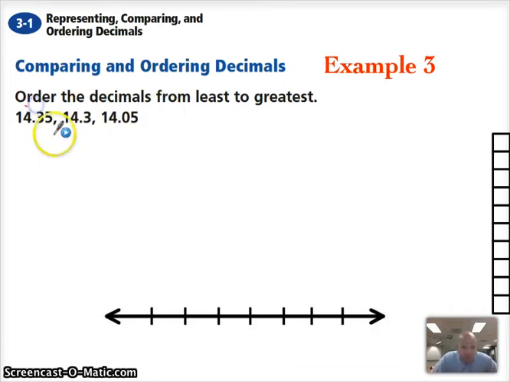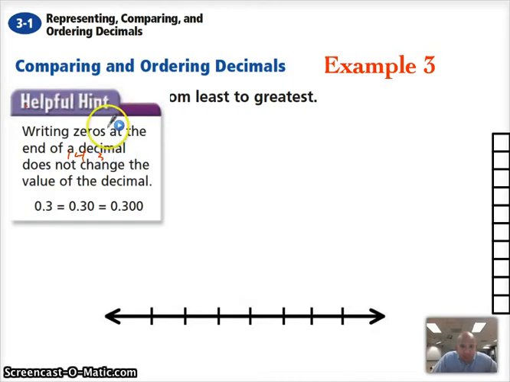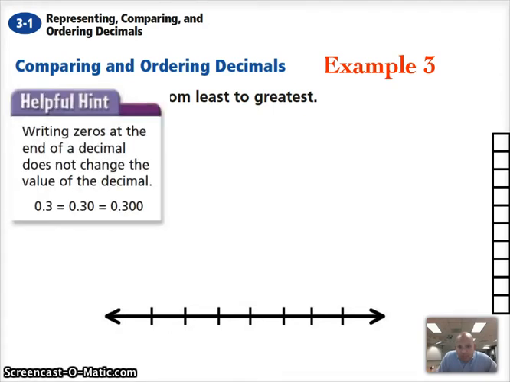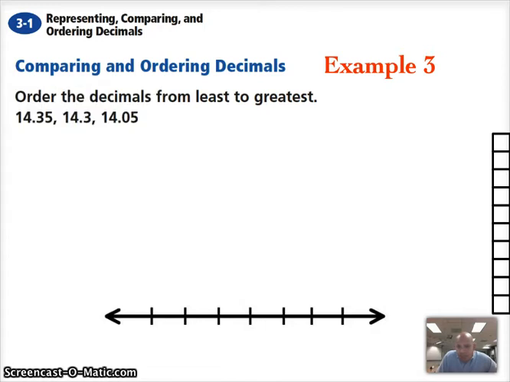So the first thing I'm going to do is I'm going to go ahead and place them in kind of a vertical order. Let me go ahead and correct that. Actually, let me restore this. And I'm going to write 14 and 35/100. Then I'm going to write 14 and 3/10.